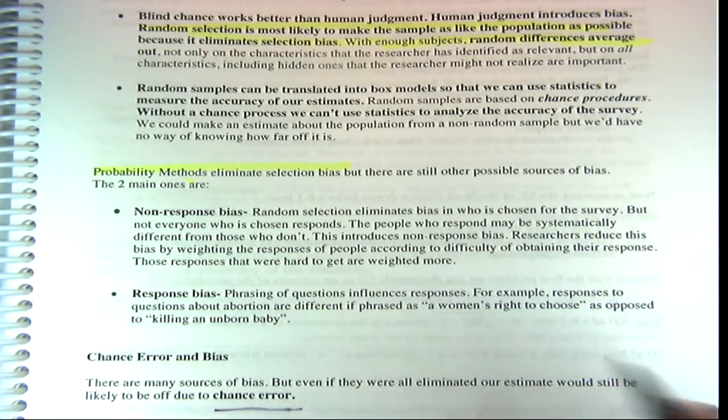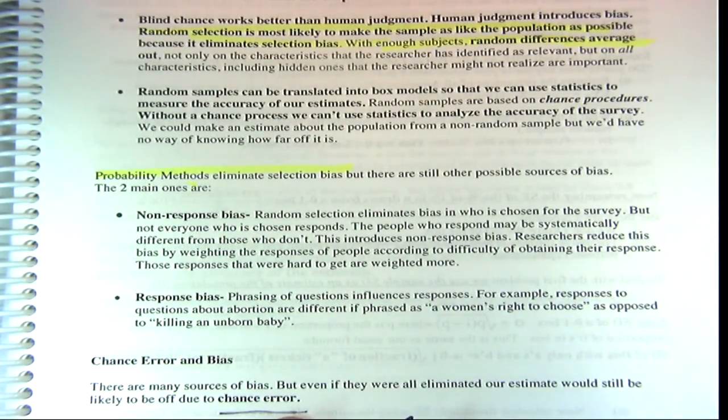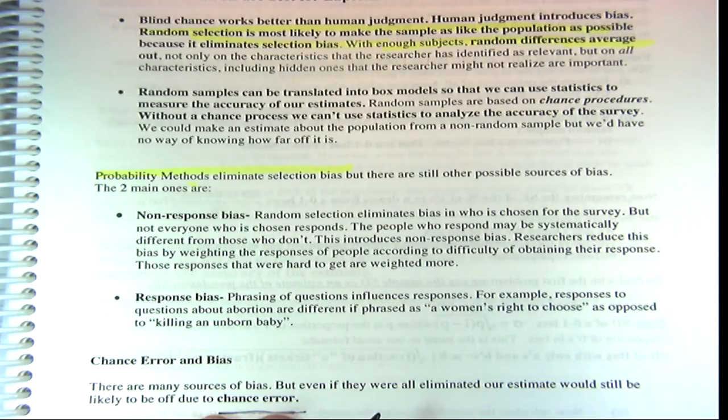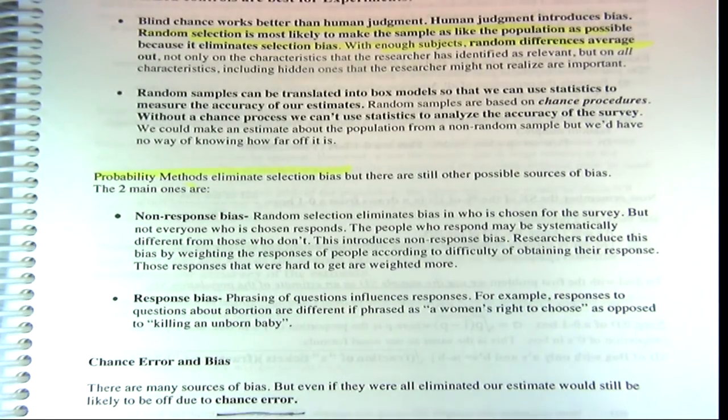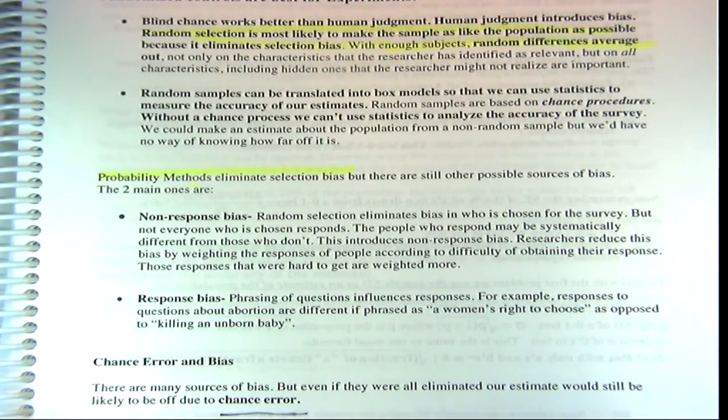And what this chance error is, this is the standard error that we're going to be using our formulas for, the standard error for the average and the percent, to measure the chance error. So here you have this estimate, a statistic estimated from the sample.